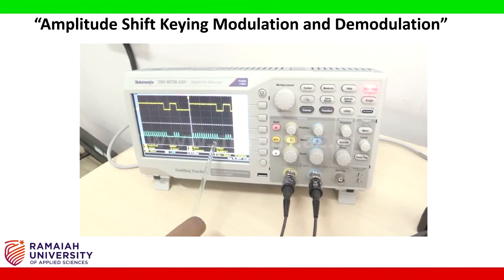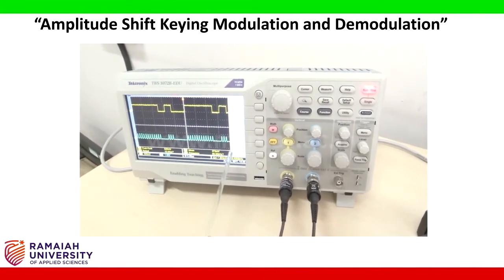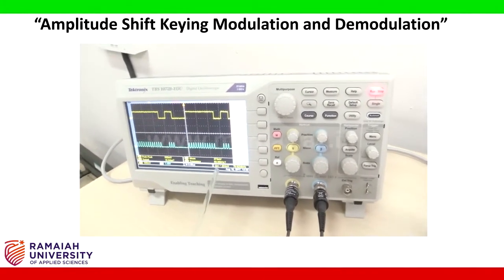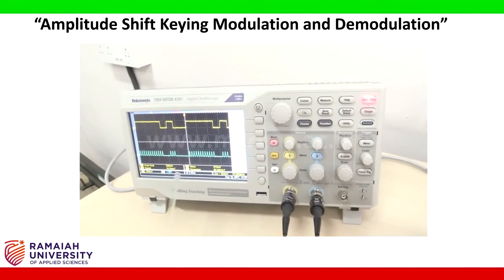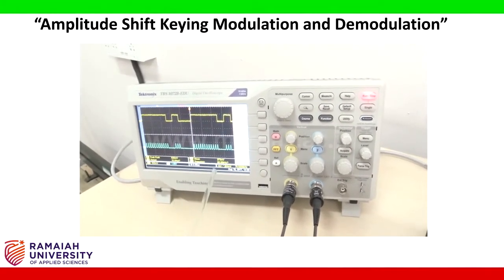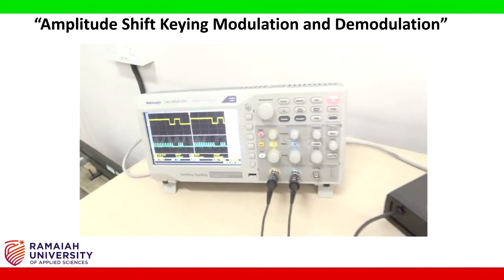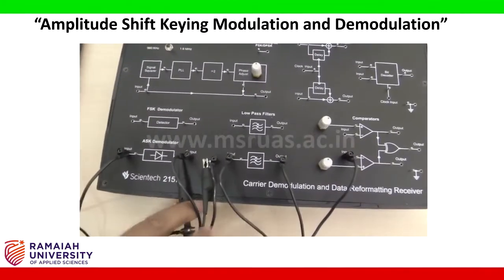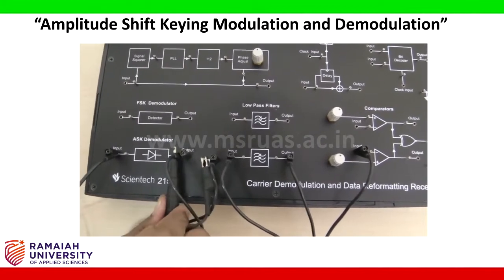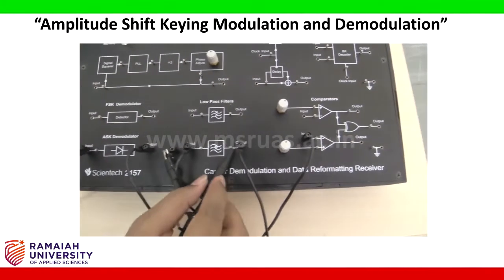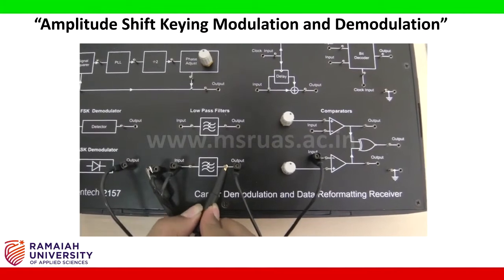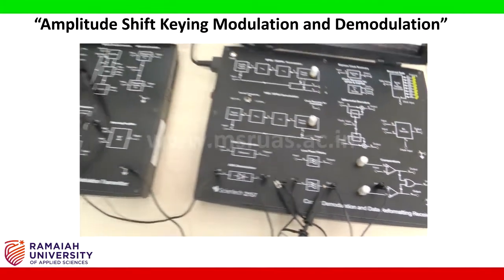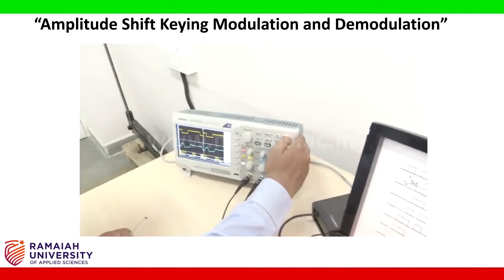Once the half wave rectifier output is passed through the low pass filter, I will show the output of the low pass filter. Let us change the channel 2 CRO probe to the output of the low pass filter. Here again you press the run and stop.